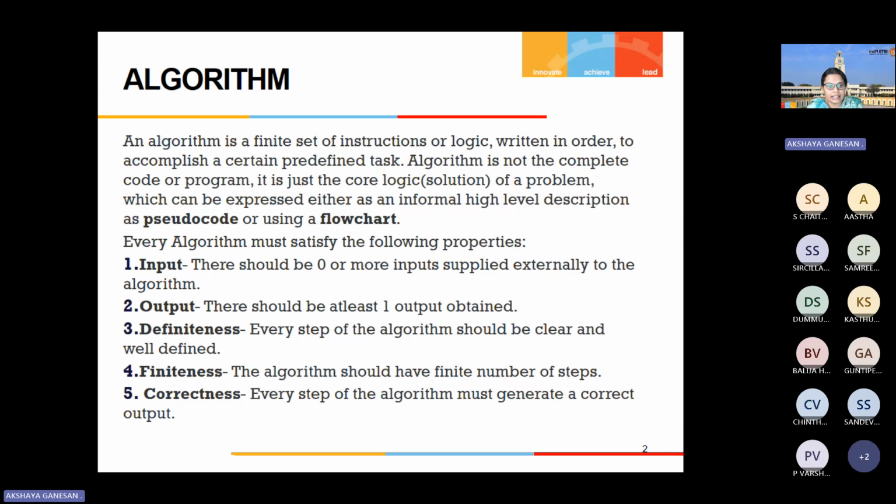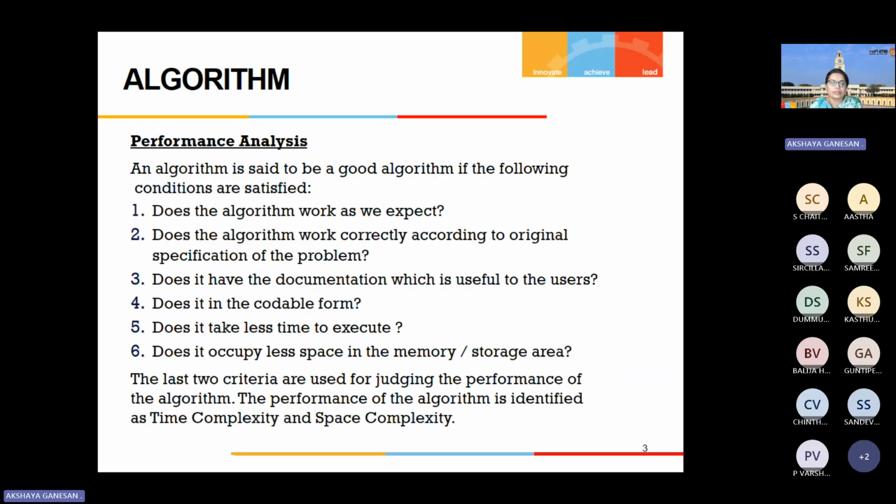It can be written in plain English using pseudocode or using a flow chart, etc. We saw an example of pseudocode in the previous session. Every algorithm will have an input and output, and three important things: it should be clear and well defined, it should have a finite number of steps, and every step of the algorithm must lead us to the correct output.